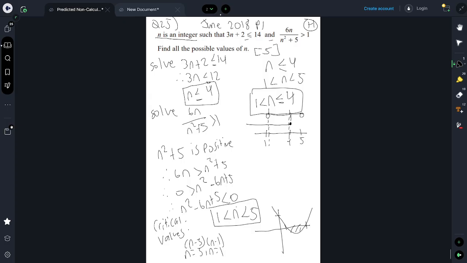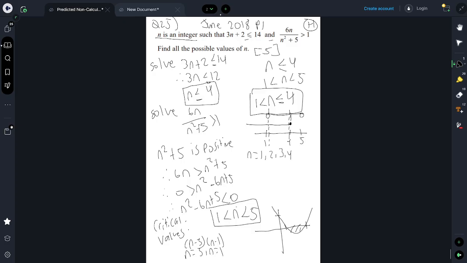So n has to be 1, 2, 3, 4, 5, 6, or 0, -1, -2. We're interested in integers. So we need to consider every integer that fits into this. Obviously n has to be between 1 and 4, so let's consider n is 1, 2, 3, 4.